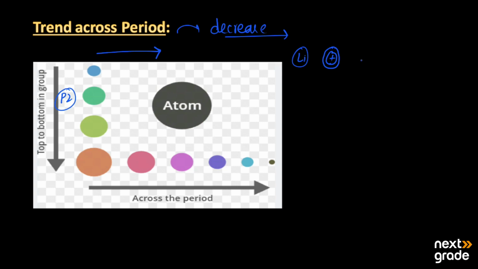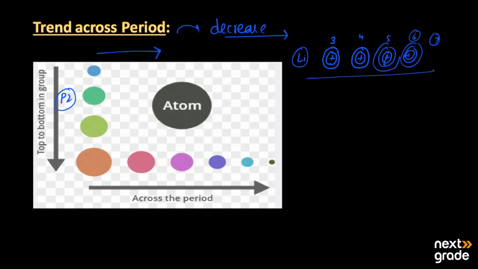Then we have beryllium in the second group. Beryllium has 4 electrons and 4 protons. Then we have boron. It has 5 protons and 5 electrons. Then we have the element containing 6 protons and 6 electrons, and then 7 protons and 7 electrons.